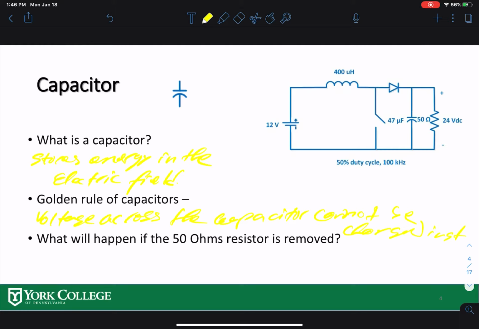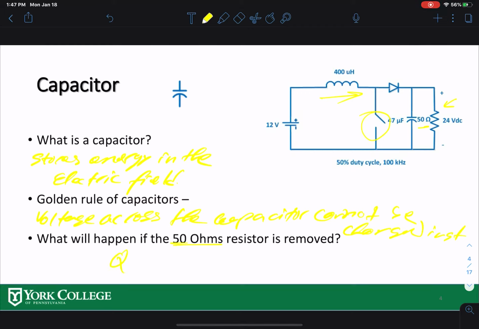So with that, what will happen over here? If you have the 50 ohm resistor over here and you remove that resistor, what will happen? Because of the switching action, you're pumping energy from the inductor to the capacitor every time you switch. The capacitor would not have any other way of releasing this energy, so your charge will build up.